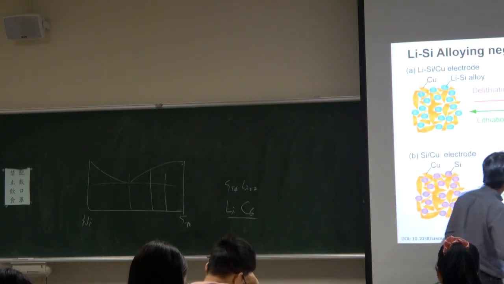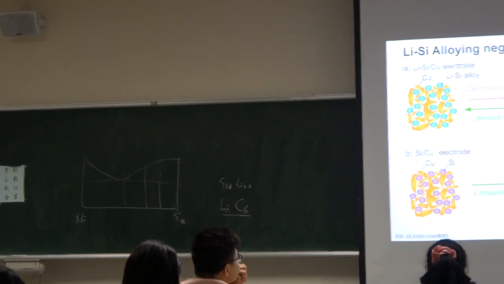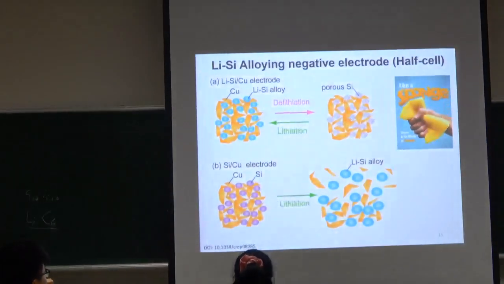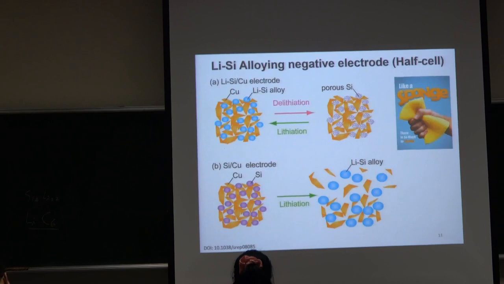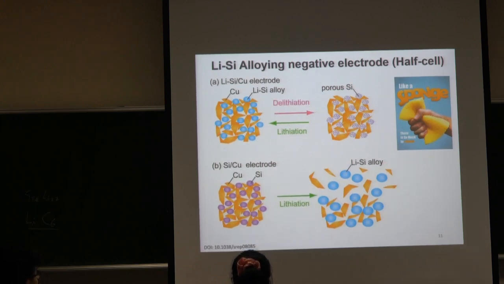This is another idea, as we just talked about copper. For example, for the traditional silicon, without copper, later we have another slide. Silicon has a strong volume expansion, but here you can see a lithium-silicon alloy material can be utilized as a negative electrode, which is a half cell.